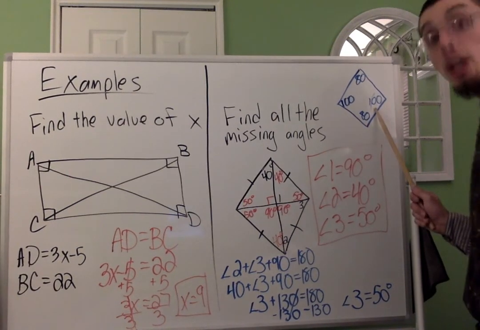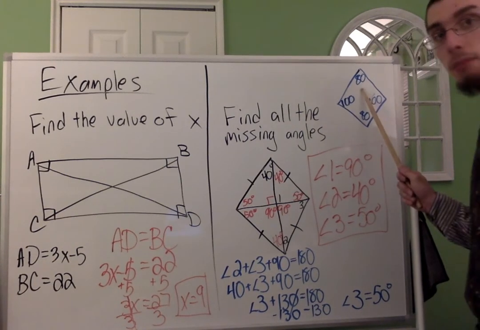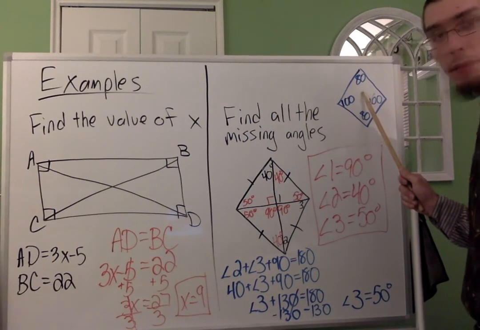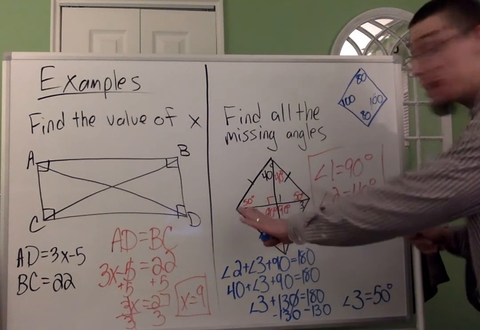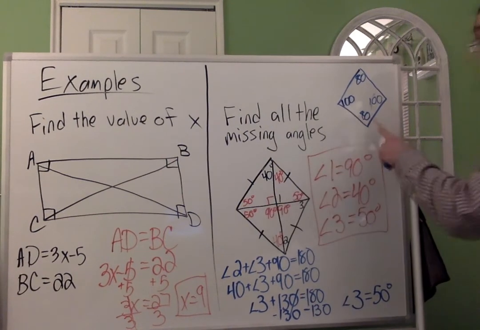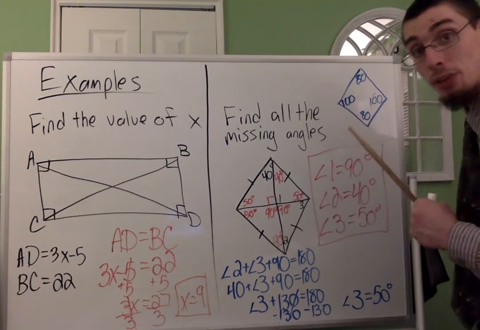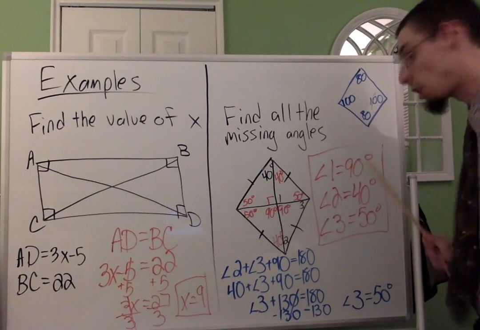Plus 100, 280. Plus 80, you get 360. So all 4 of the angles, right, if I were to take the diagonals away, so you get the full 80 here and the full 100 here, add them up, you get 360. Just like we were supposed to, which means these are all right.